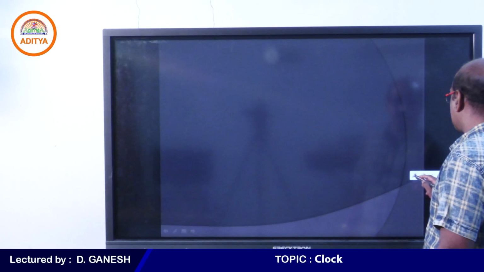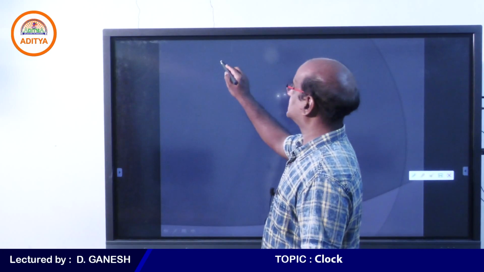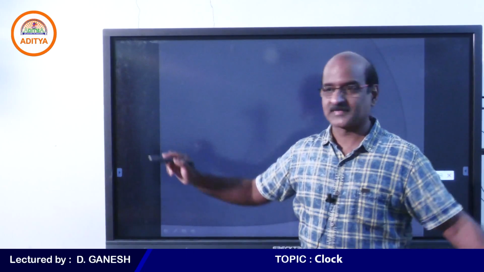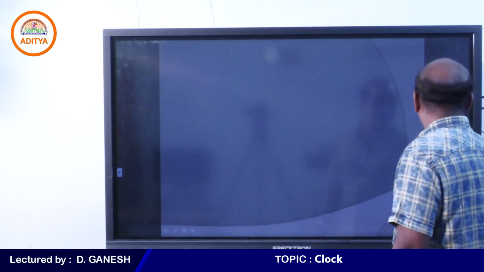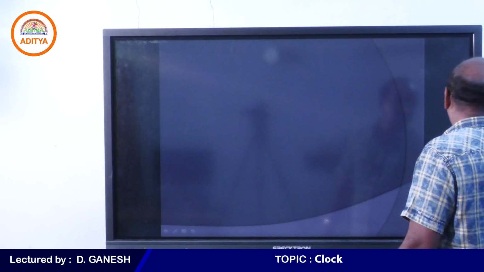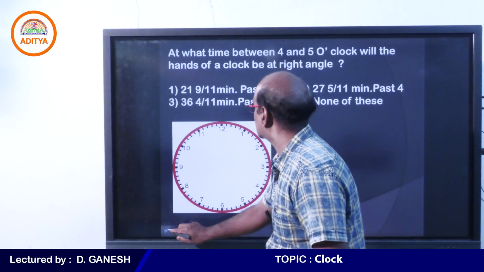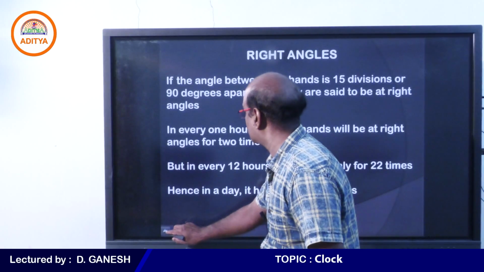The very important concept is when both the hands are opposite. Students, look at the question, when you see the hands are opposite. Let me give you some interesting information about this.